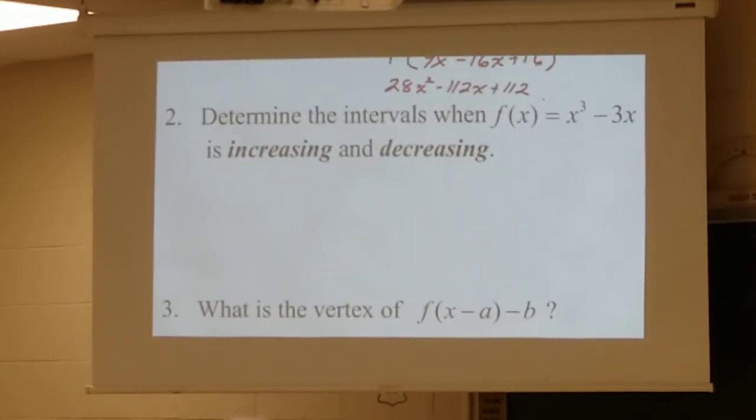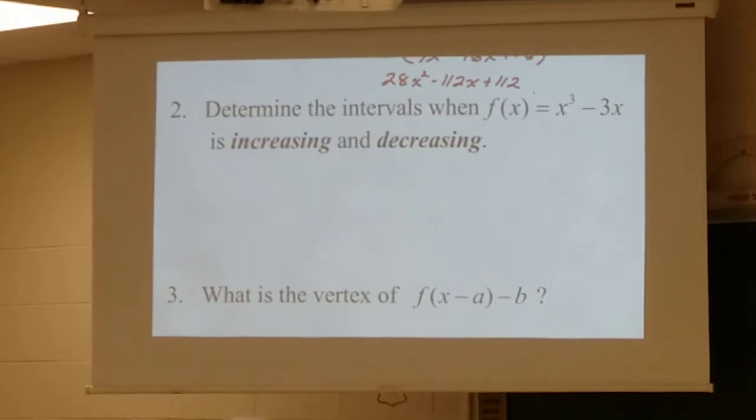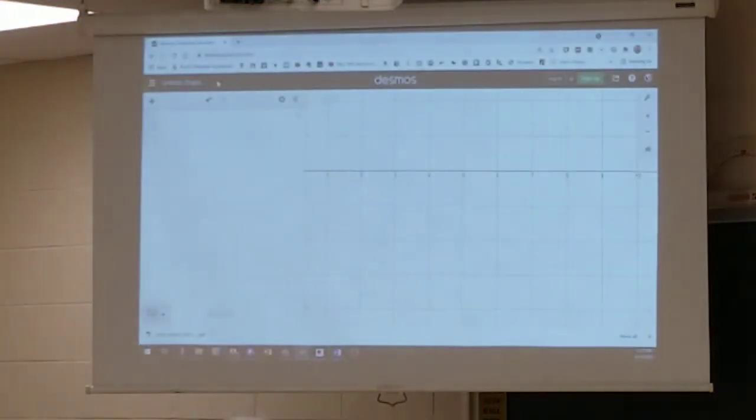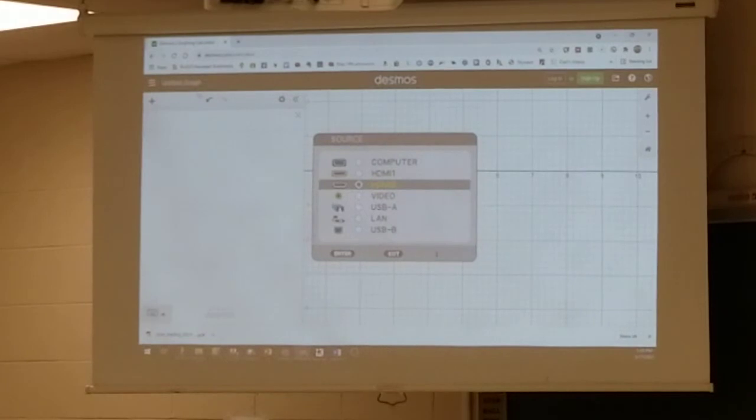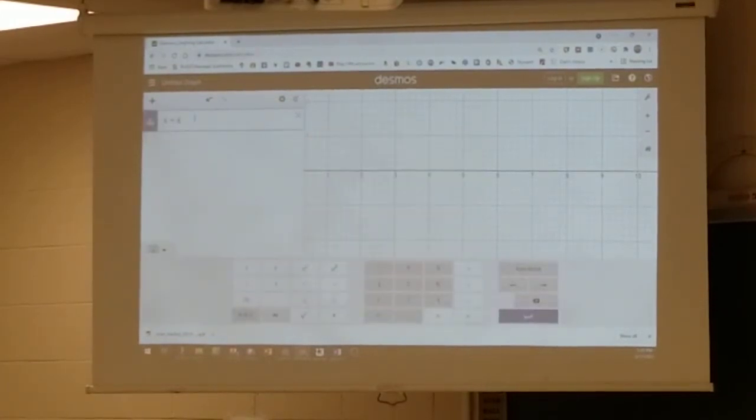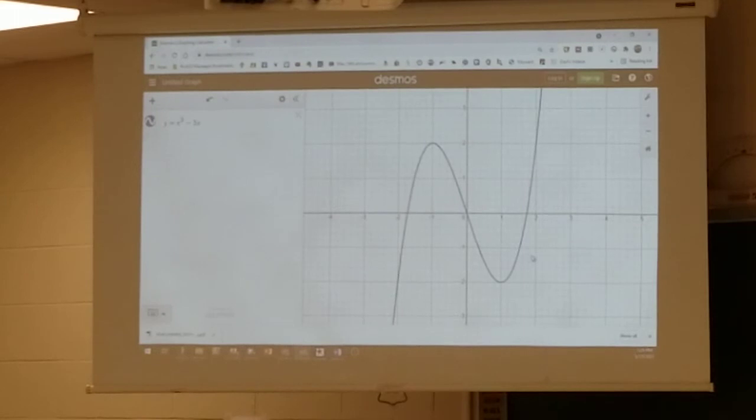Increasing, decreasing. Now, what I thought we would try to trigger here is that this is a graphing problem. You need to see a graph. How are you going to see a graph? Well, Desmos. You'll be able to use Desmos on the final, but do you know when to use it or why we're using it? Again, I need to know what this graph looks like so I know when it's going up and down. Now, it's going up and down according to that little zigzag.